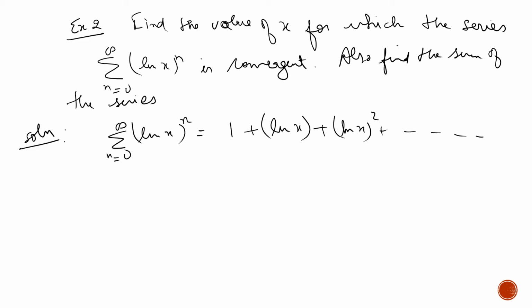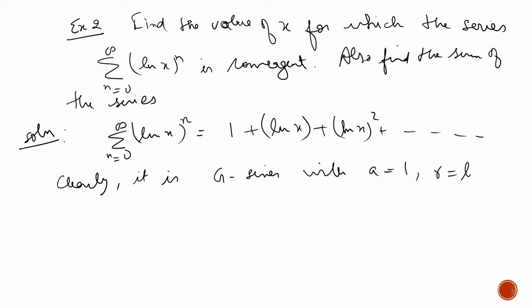So clearly this is a geometric series with a equal to 1, and what is r? r is log of x. So now you know that this will be convergent when mod of r is less than 1. This will give you the value of x.